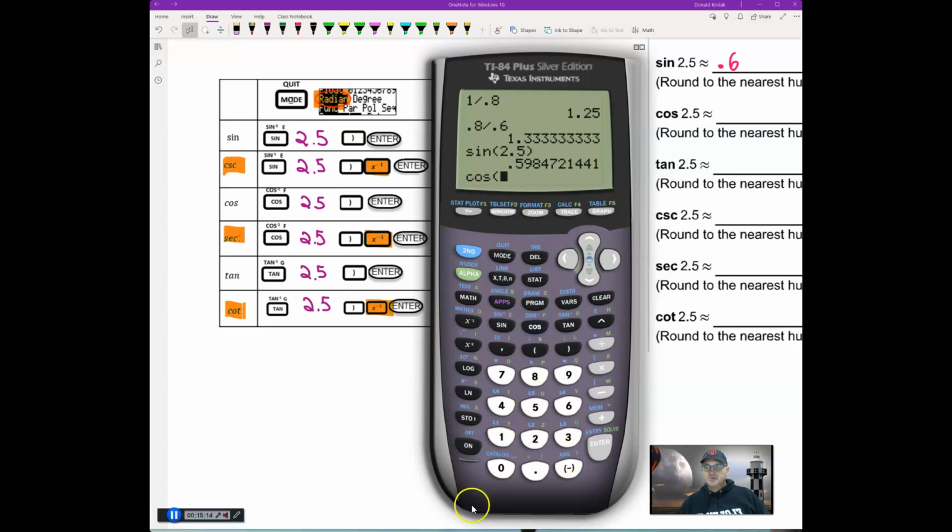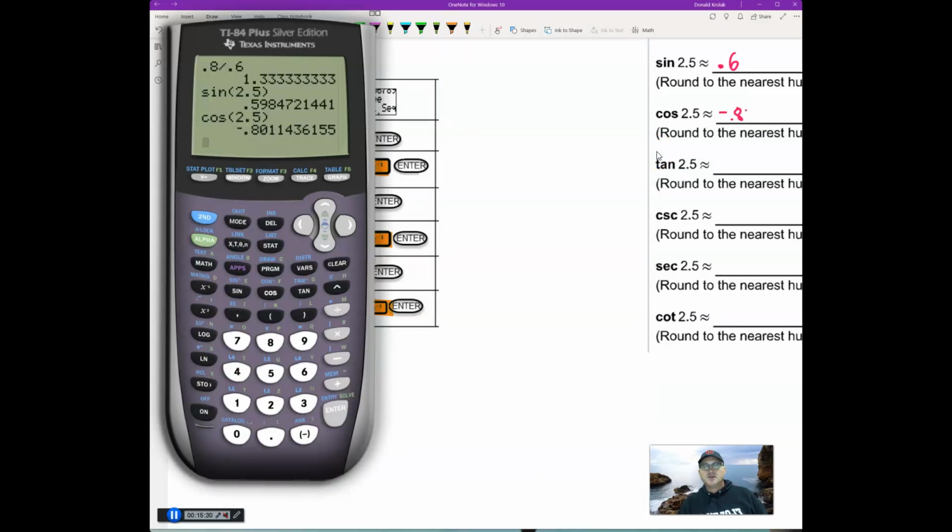Cosine 2.5, parentheses, okay, to the nearest hundredth. I'm going to look at this first one, and it says leave the 0 alone. So that will be 0.80 or 0.8. Okay, and then tangent 2.5. And to the nearest hundredth, that will be negative 0.75.